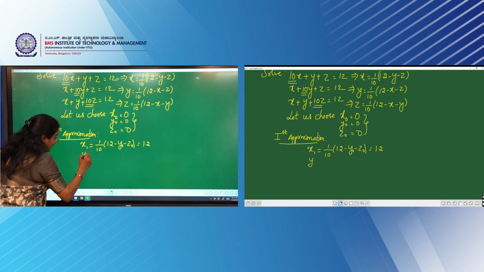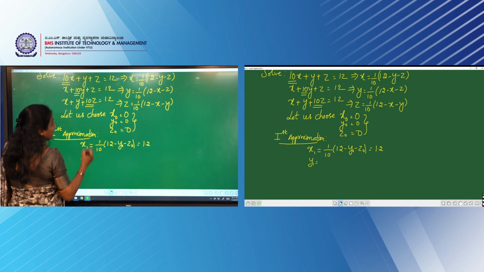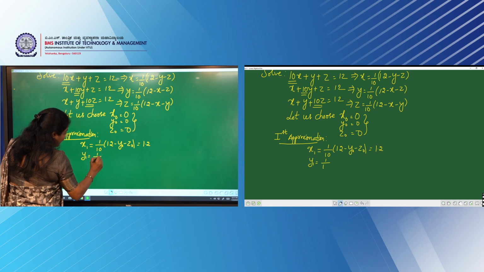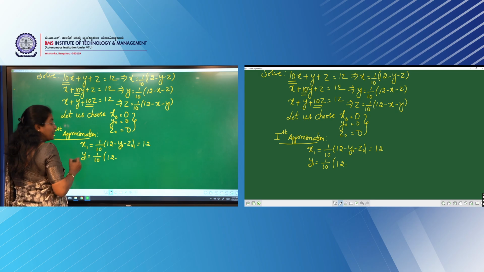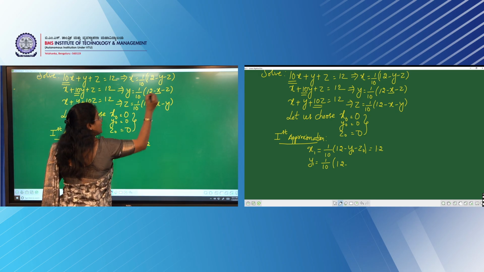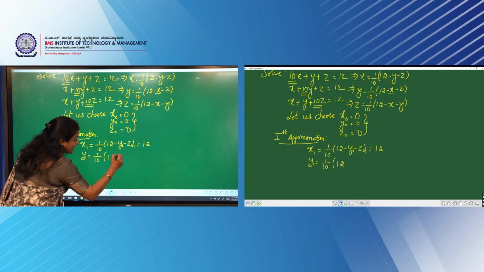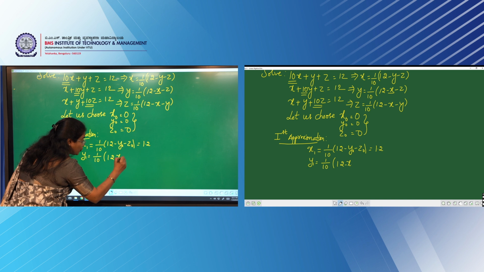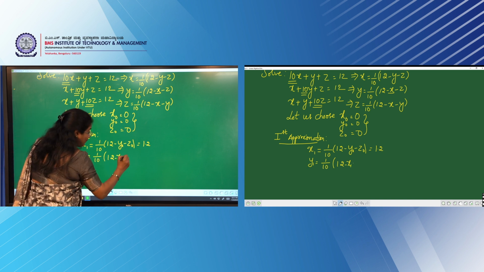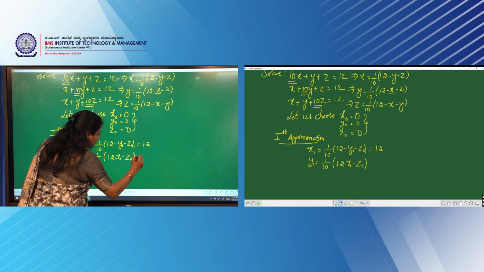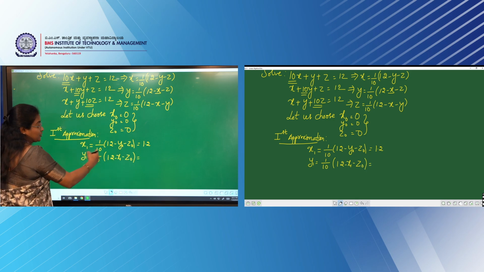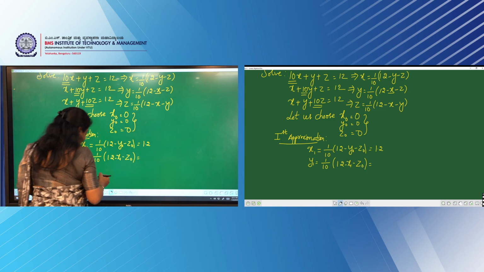Then in the same way for y1, consider the second equation: 1 by 10 into 12 minus, instead of x0, you have to consider x1. Recent values you have to use for the next value. But z1 is not there yet, so we still use z0.